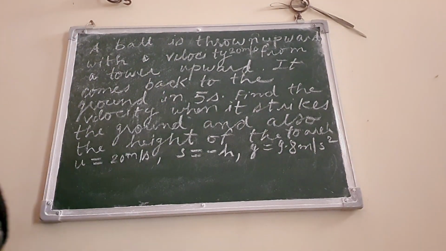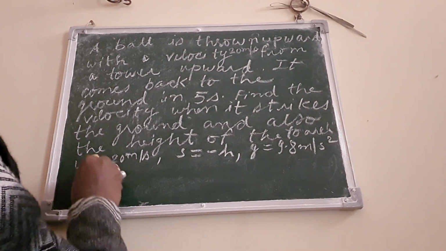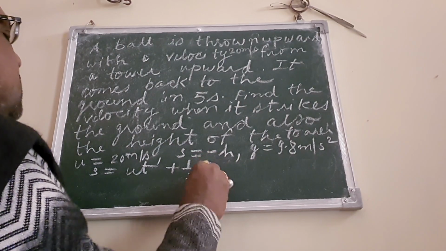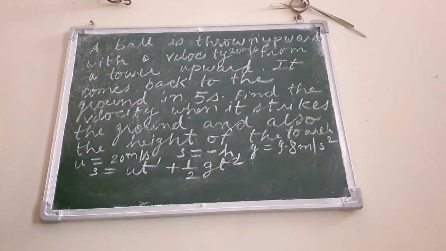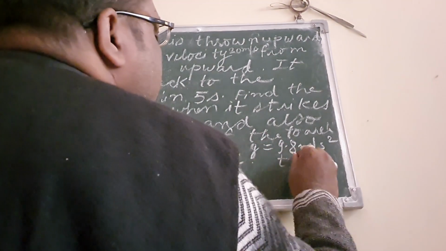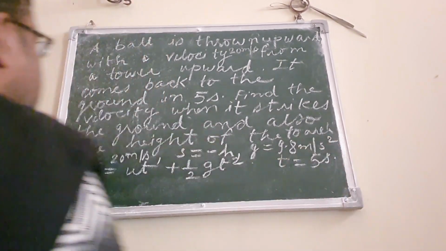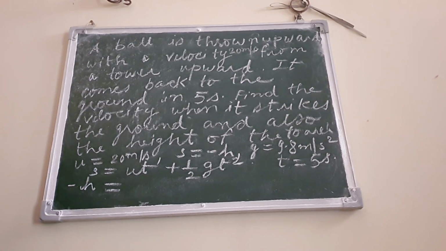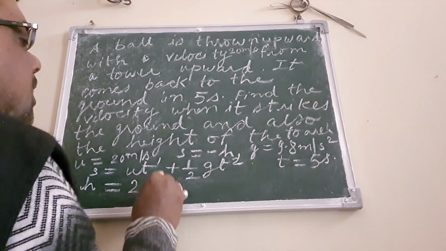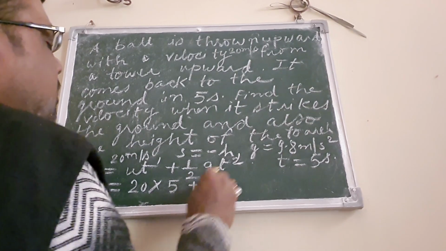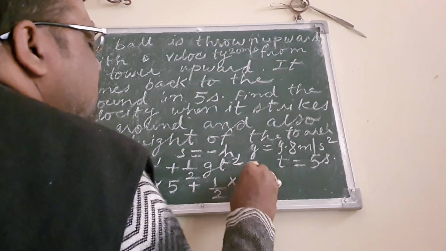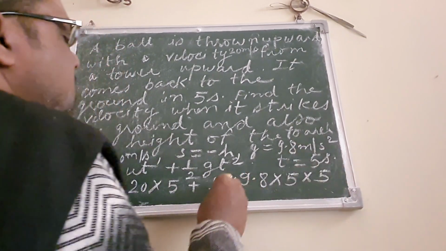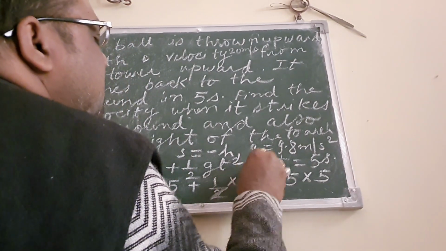So what will be the distance? Distance s is equal to ut plus half gt square. The time here is 5 seconds. Substituting this value in this equation, minus h is equal to 20 into 5 plus half into 9.8 into 5 into 5. So it becomes 4.9.